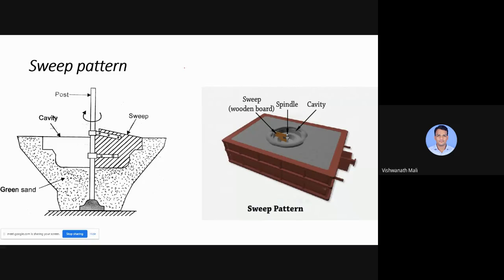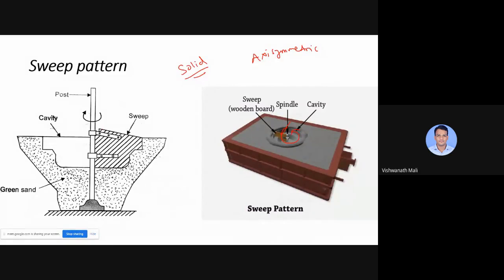Generally, if you see the patterns which we have studied before, in that case we use the solid pattern. As we are using solid patterns, it consumes more material, right? But suppose your part is axis symmetric, we use this type of sweep, which is of a single plate. Here you can see the sweep, and by sweeping it 360 degrees, we get the required shape.